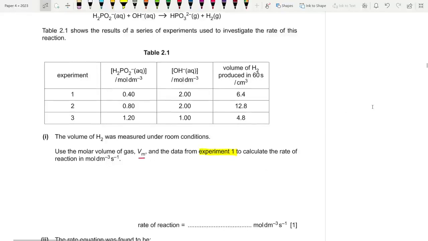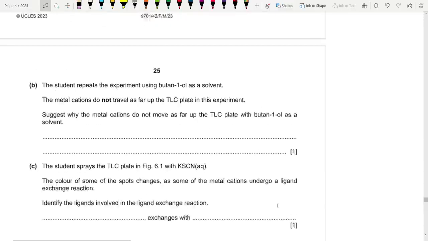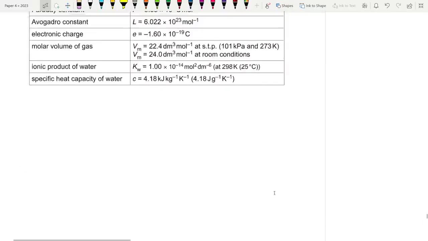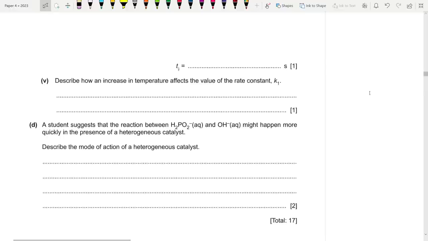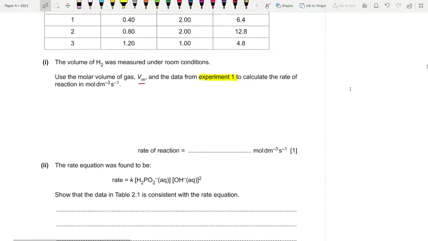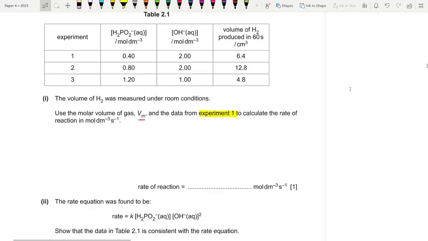It's in the table at the end. It's over here if you guys want to see it. Here you go. It's 24 dm cube at room temperature, not STP. So we can actually find out the number of moles from cm cube, and that occurred in 60 seconds, by the way. So let's do that.